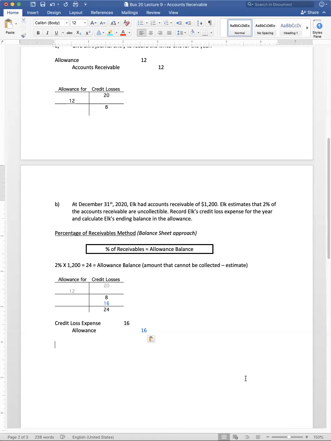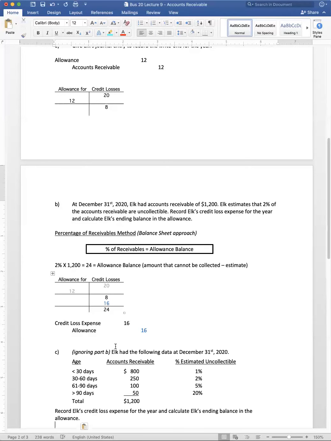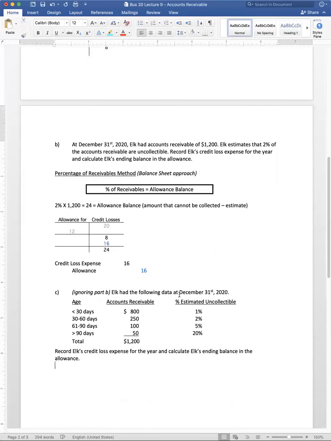Okay, so let's take a look at part C. So C is ignoring part B. Let's pretend B didn't happen. Instead, at December 31st, Elk still has $1,200 of receivables, but they have broken them down now into age categories.